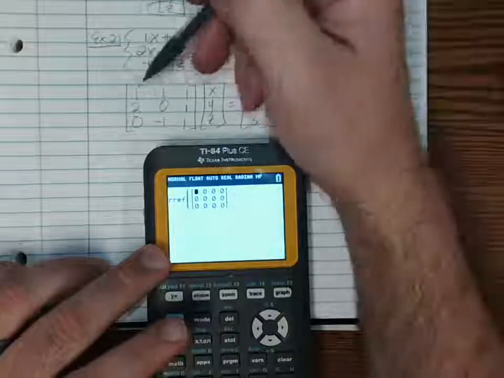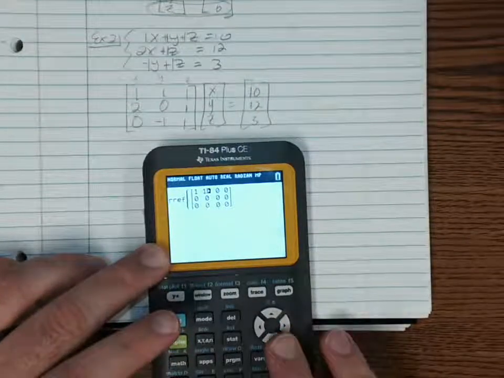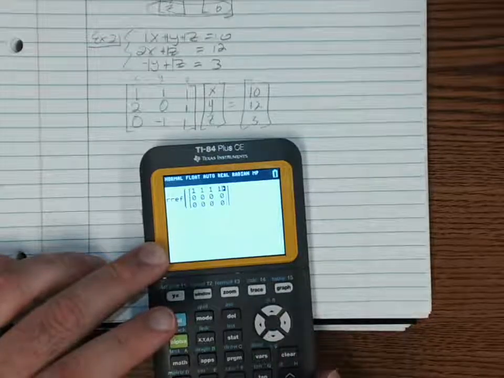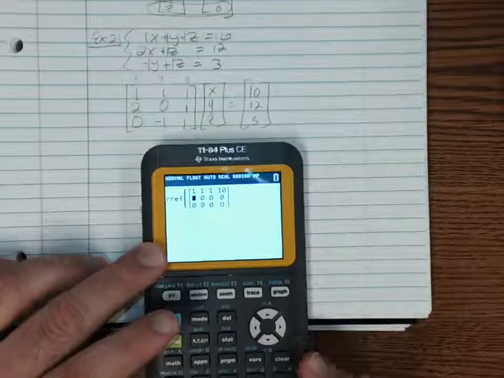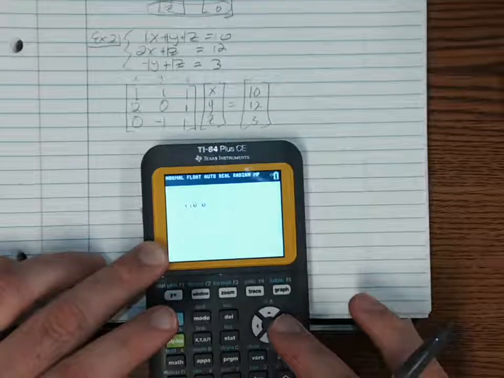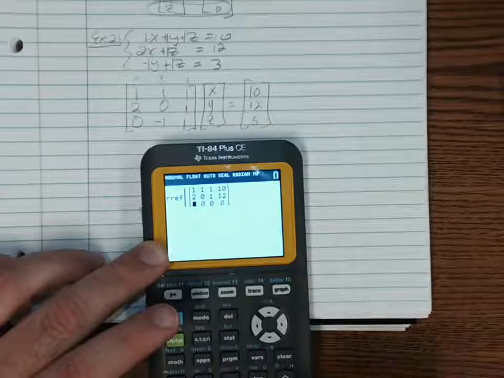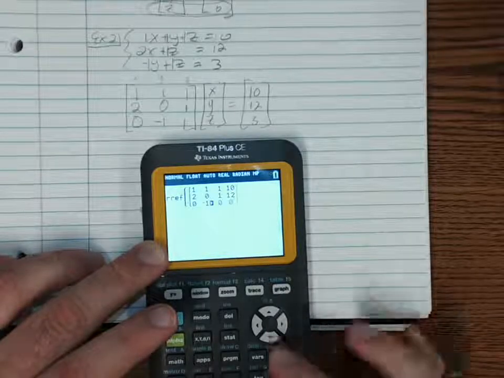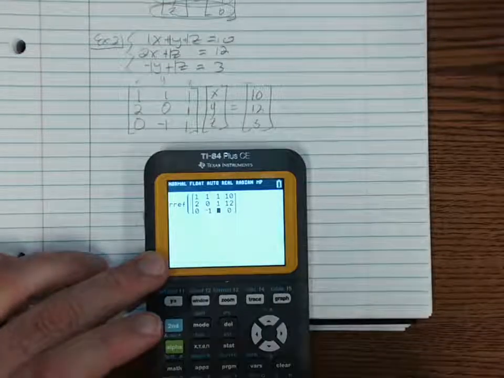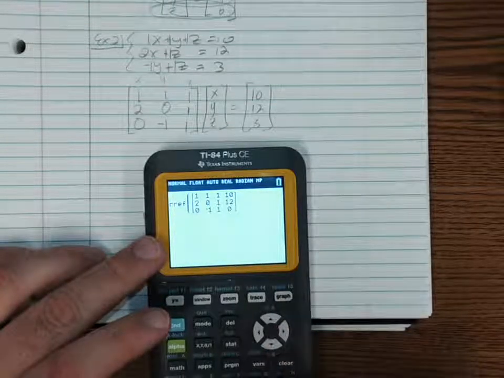So the first row will be 1, 1, 1, 10. Use your right arrow. Right arrow again. 2, 0, 1, 12. Right arrow again. 0, negative 1, and 1, and 3.